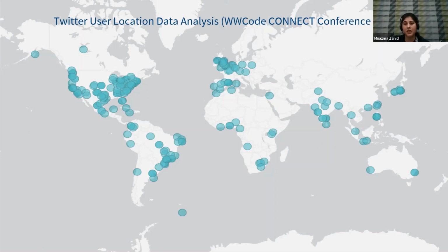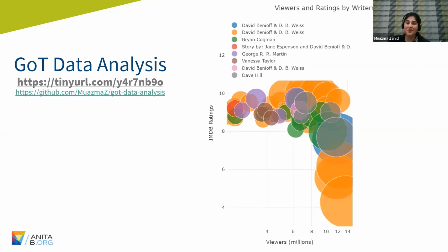So just take this as an example, and you can see how you can build some interesting data analysis and build your data profiling. This is another interesting one that I just did for fun. This is the Game of Thrones data analysis, understanding if a particular writer has an impact on the viewers or ratings.